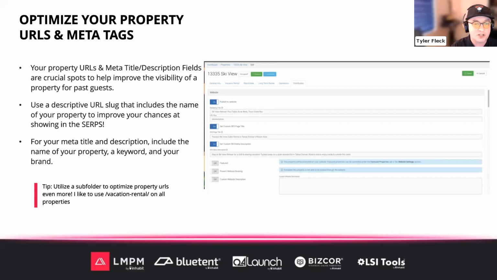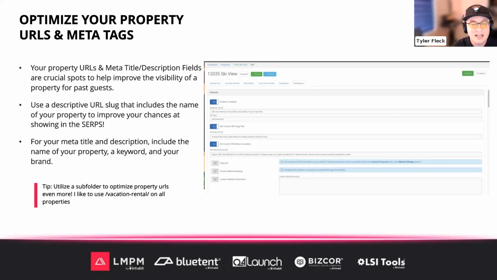Your description should be very descriptive, around 160 characters, saying why this property needs to be booked by your guests. It includes some unique amenities, but again, keep your property name in there. Make sure it's exactly how you market it on all of your OTAs and all of your platforms. And same thing with your description.